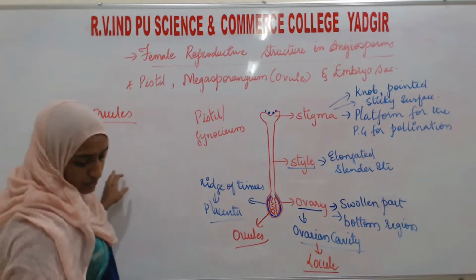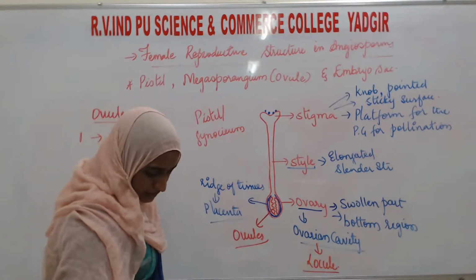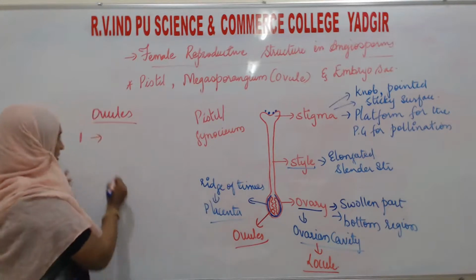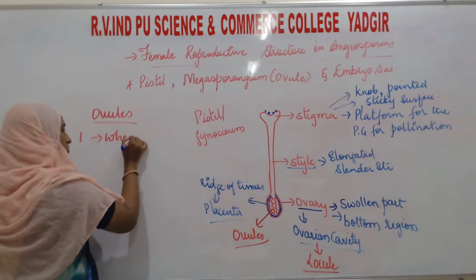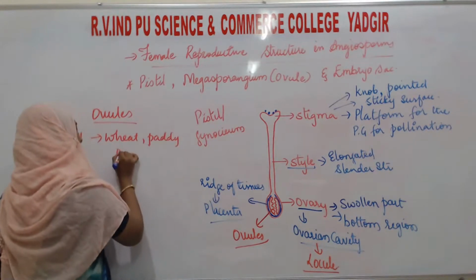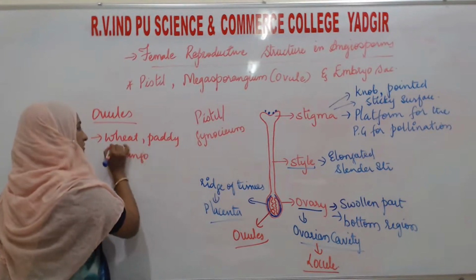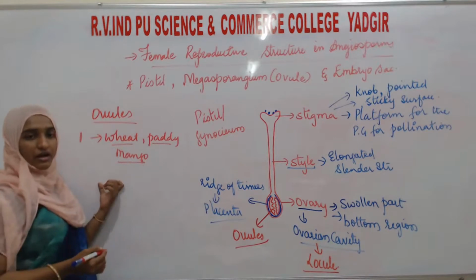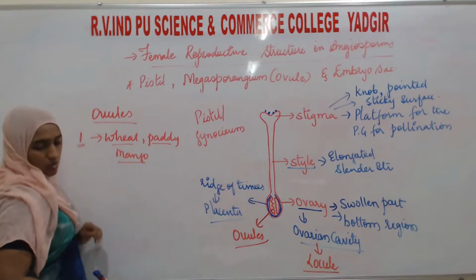If there is one ovule, examples are wheat, paddy, and mango. In these plants, the ovule number will be 1.